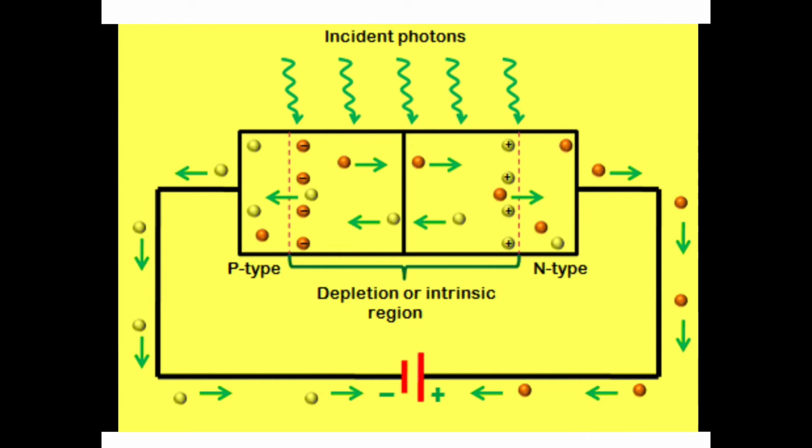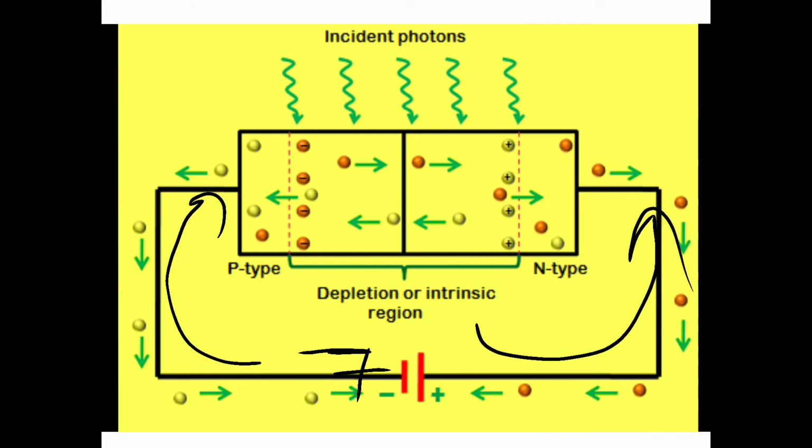So this is the biasing of the photodiode. You can see here it is connected in the reverse bias condition. Negative terminal is connected to the p side and positive terminal is connected to the n side, and this is representing the incident photons.